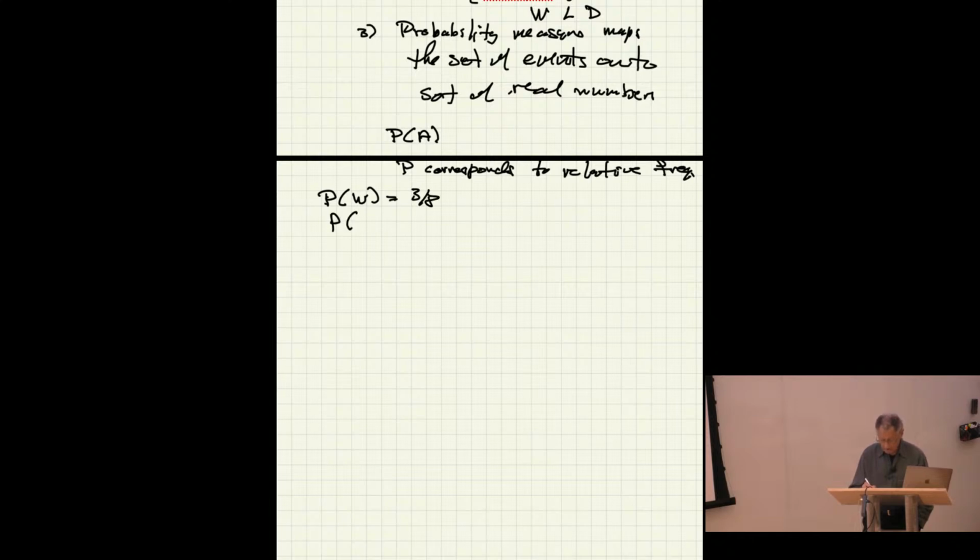And P of lose is 3/8. And P of draw is 1/4. Now, there are properties of this assignment, okay? First of all, it's got to be non-negative. It's got to be less than 1. So P of any event lies between 0 and 1.